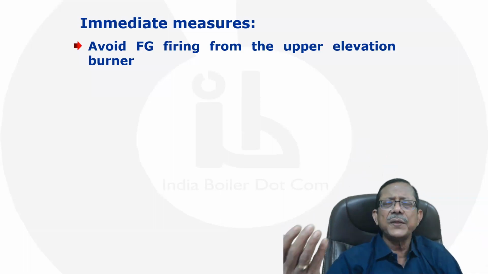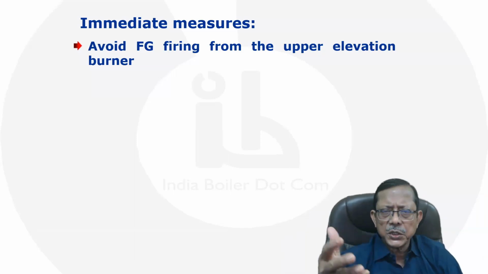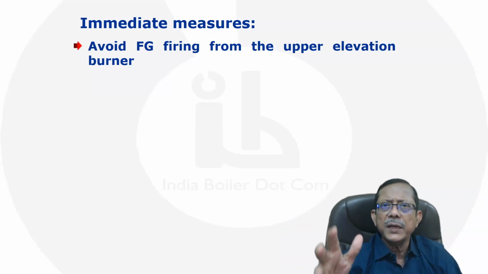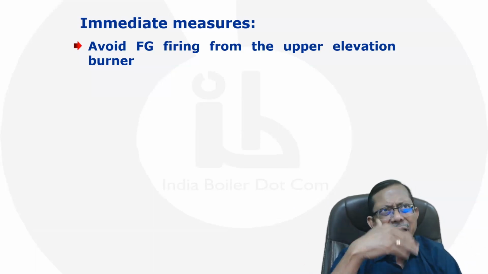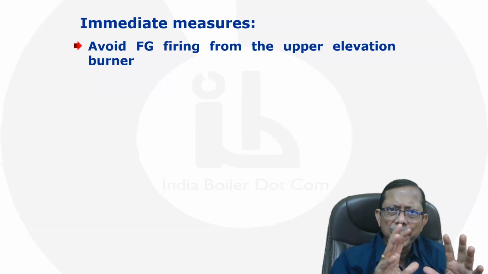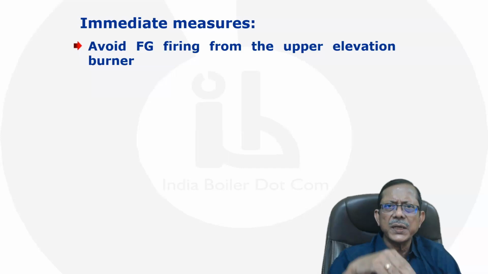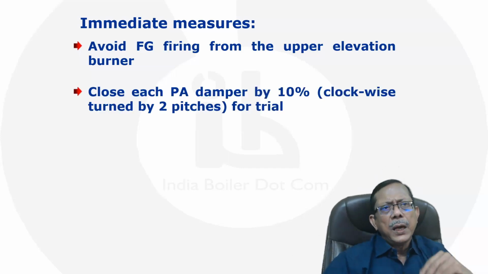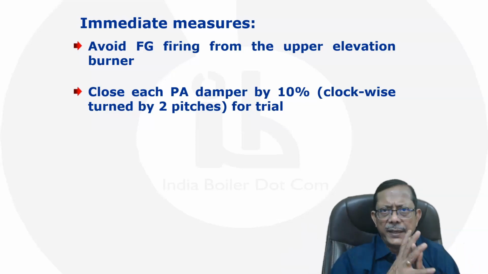So instead, if they can manage to fire the FG on the lower elevation of the burner, then it is going to have better control. In addition to the rear water wall issues, I have already identified that the superheaters are also under threat of overheating, because the high temperature and the indication of flame towards the upper part of the furnace from the peepholes all indicate that the combustion is taking place a little lopsided towards the upper side.